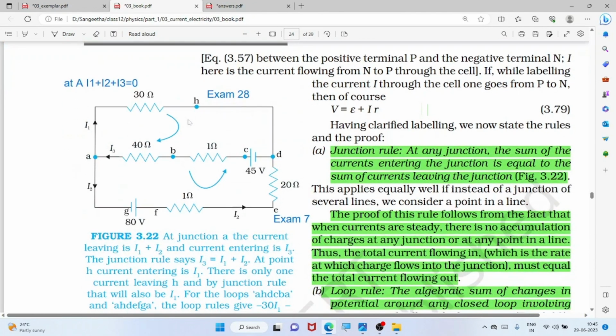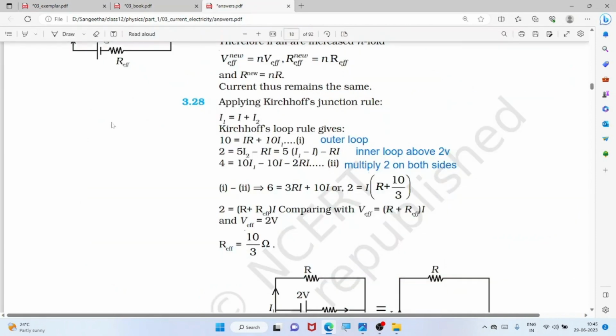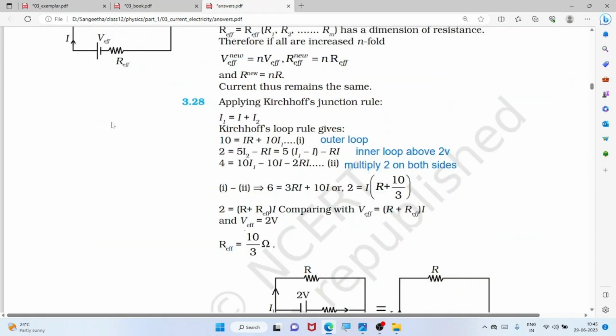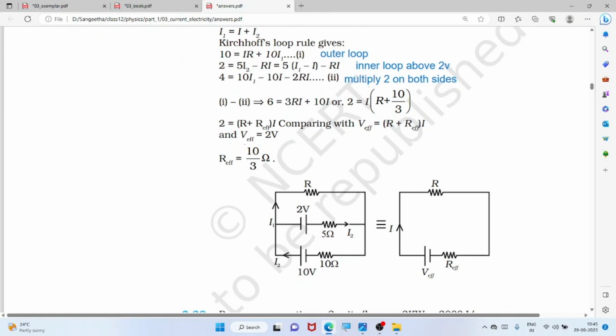So here you can see how Kirchhoff's current law and Kirchhoff's loop rule are applied, the junction rule and loop rule. So the outer loop. This is the resultant effective voltage and resistance.